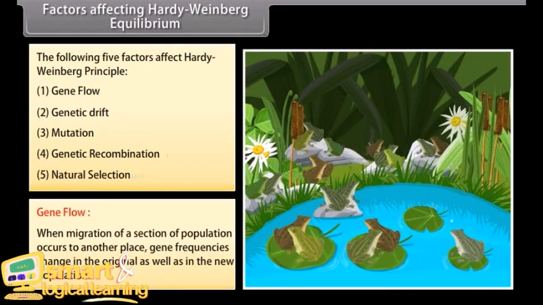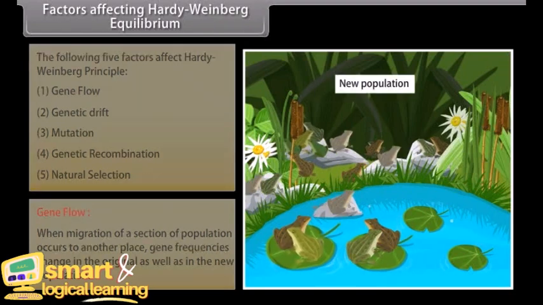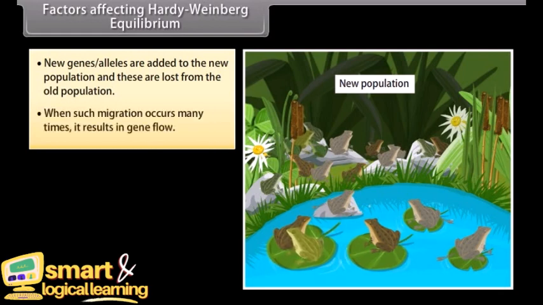When migration of a section of a population occurs to another place, gene frequencies change in the original as well as in the new population. New genes, alleles, are added to the new population and these are lost from the old population. When such migration occurs many times, it results in gene flow.